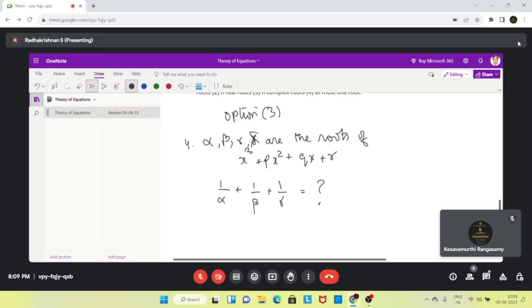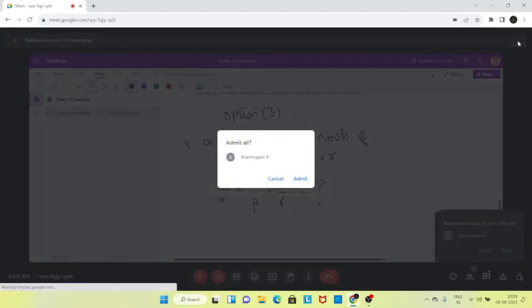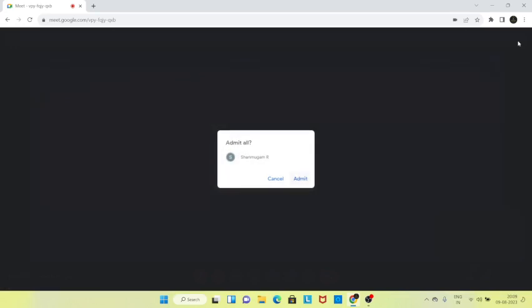Sir, first we take the LCM, sir. Okay, that is good. So what do you get? Sir, alpha beta gamma in the denominator. And in the numerator? Sir, in the numerator, beta gamma plus alpha gamma plus alpha beta, sir.